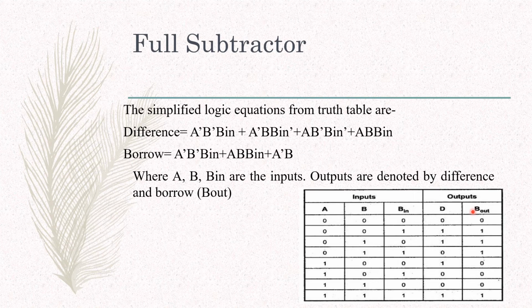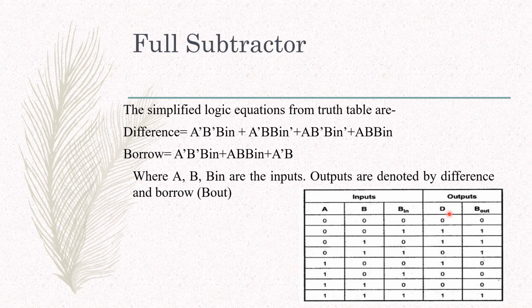If we compare the difference output and borrow output with the full adder, it can be seen that the difference output D is the same as the sum output. In the earlier video, we learned adders in which we studied the full adder.